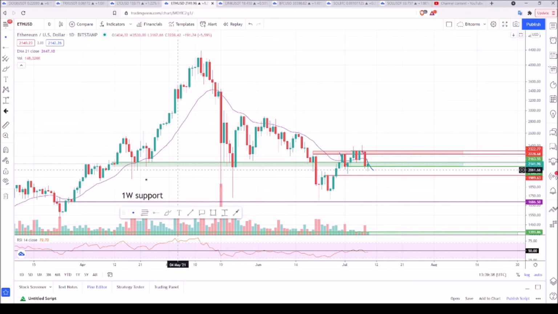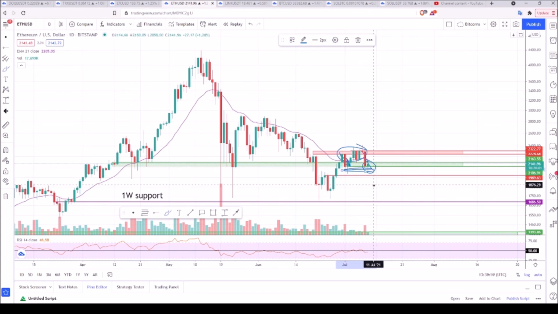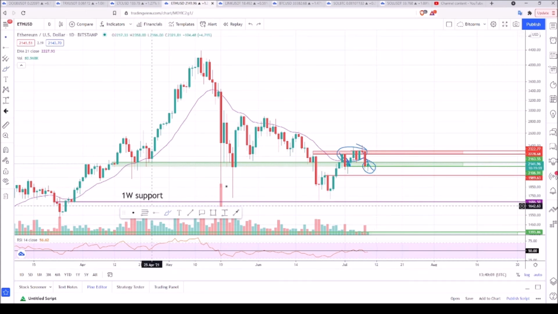I think it will happen, but it's not going to happen just because we bounced off support and now we're at 3,600 again. You'll have to really work your way up there and have some downs and ups. But right now, the way the selling pressure is coming off of this block and the way we're just sitting on this support, even wicking below it, consistently wicking below it, it doesn't look great to me for the bulls.